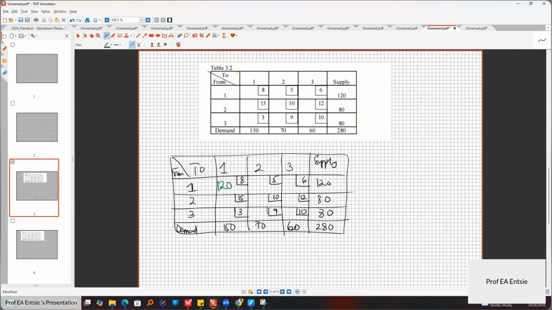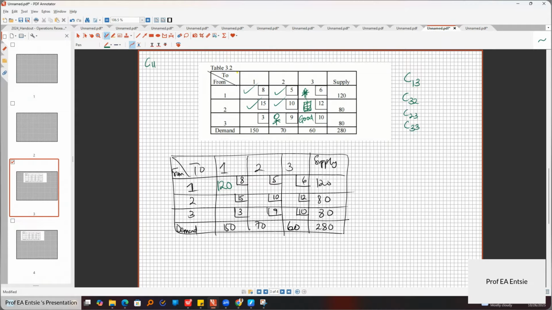So I'll put 120 at cell C11. We call all these boxes cells. For instance, the one I've marked with an asterisk is cell C13, the one with the human being is cell C32, the book is cell 23, and the one I wrote good is cell C33.